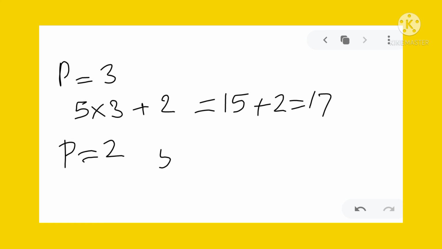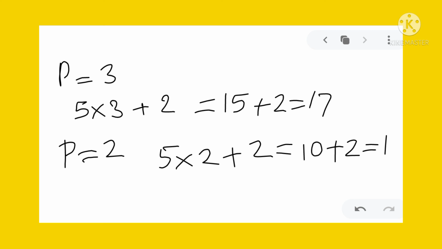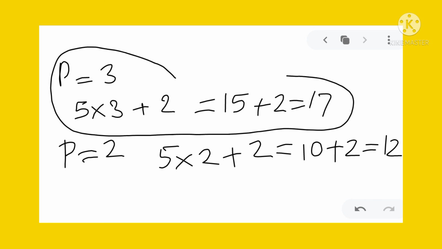What is p equal to 2? 5 into 2 plus 2. 5 into 2, 10. 10 plus 2 equal to 12. Here we can see that for p equal to 3, the value is satisfied in this equation. That means p equal to 3 is the solution of the equation.